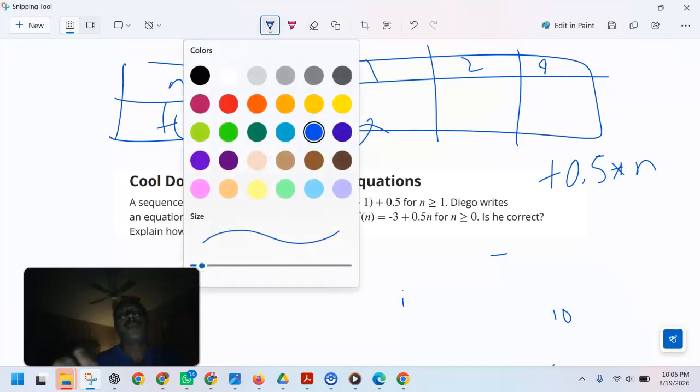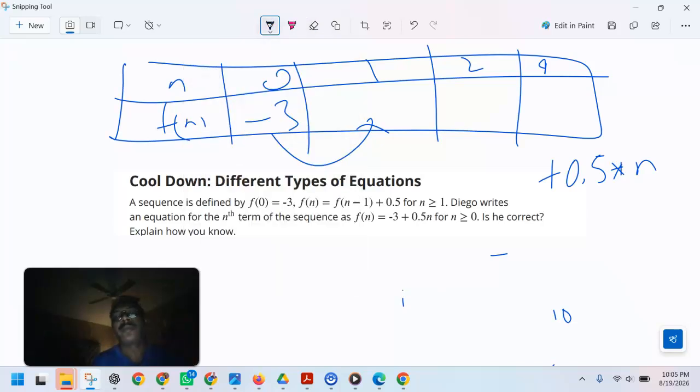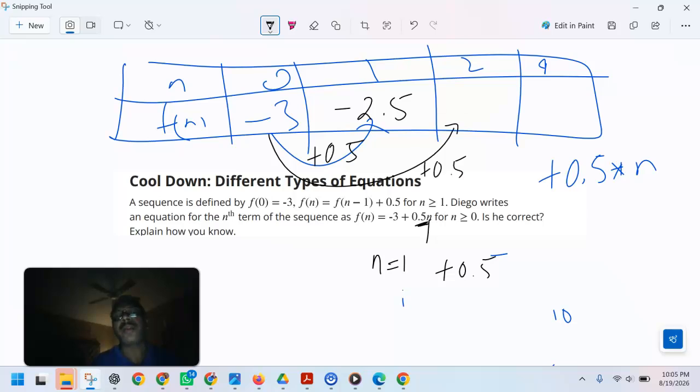Okay, so if n is 1, you are adding 0.5. That's why you get minus 2.5, right? Now from here to here, you are adding another 0.5, you get minus 2. So it means you are adding 2 of these, 1 and 2.